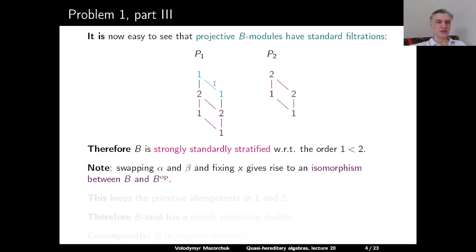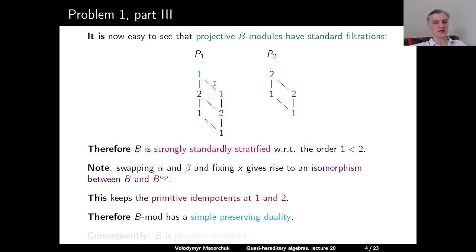Also let us note that swapping alpha and beta and fixing x gives rise to an isomorphism between the algebra B and B opposite. And this isomorphism of course keeps the primitive idempotents 1 and 2. So this means that the category of all B modules has a simple preserving duality, and so since it's strongly standardly stratified, it follows that B is a properly stratified algebra.